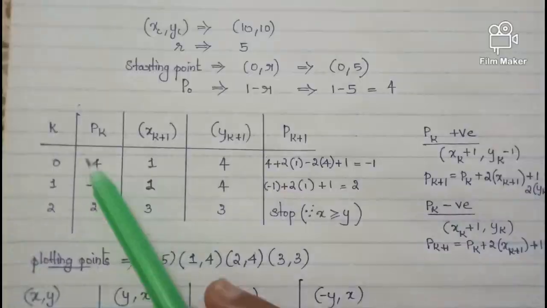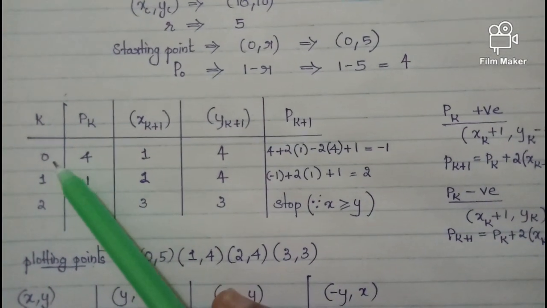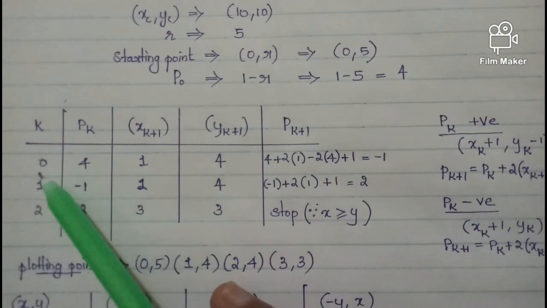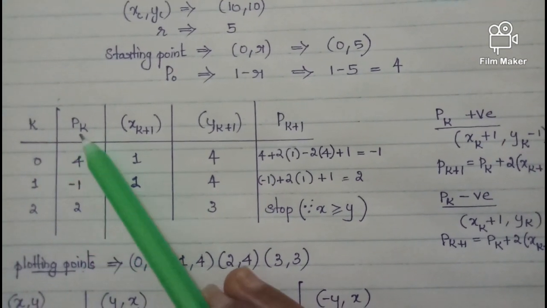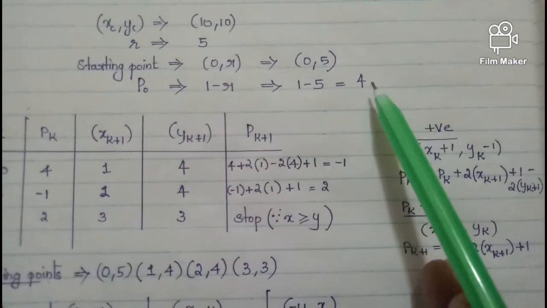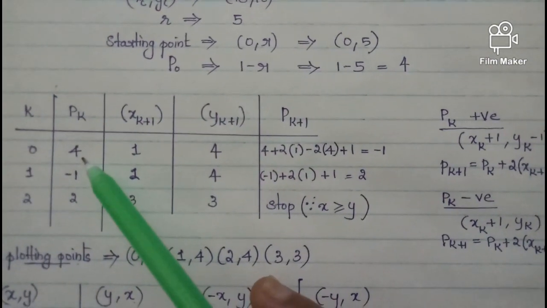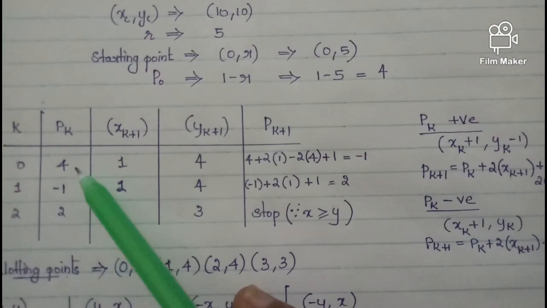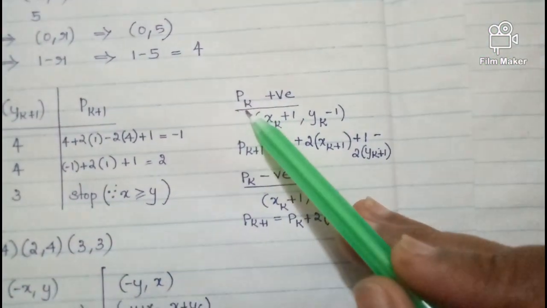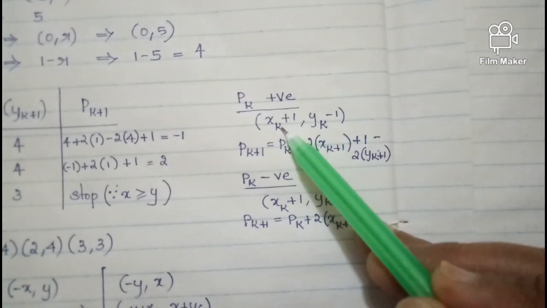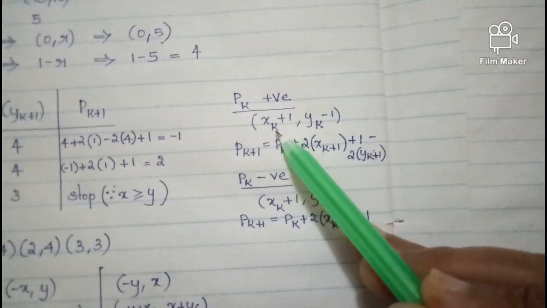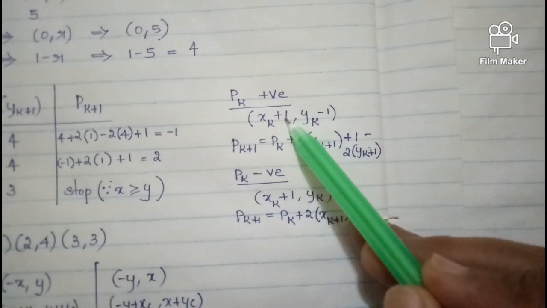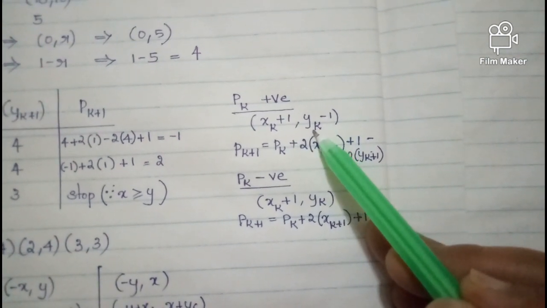So let us start. In the first iteration, the value of k is 0. When k is 0, pk becomes p0. So p0 is already found, which is 4. According to the algorithm, if pk is positive, then the next value of x is the current value of x plus 1, which means x should be incremented, and the next value of y is the current value of y minus 1.